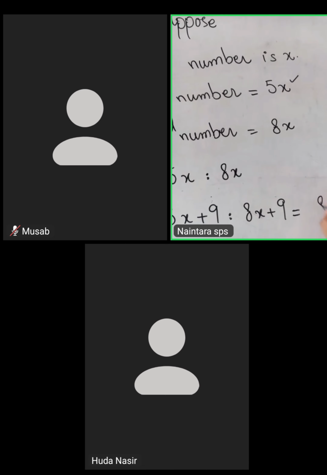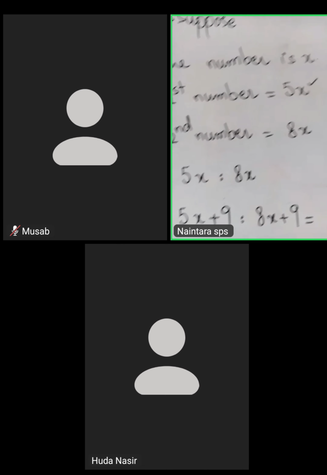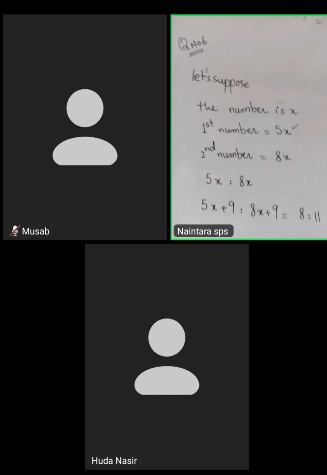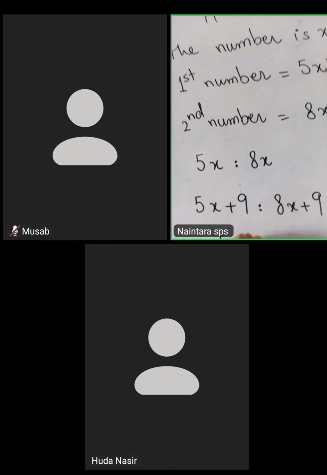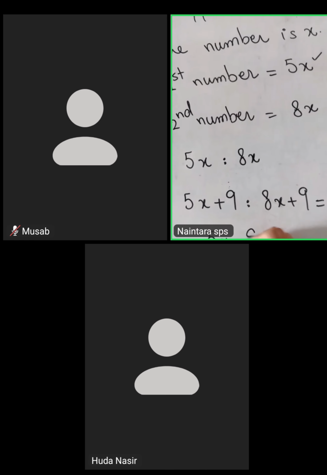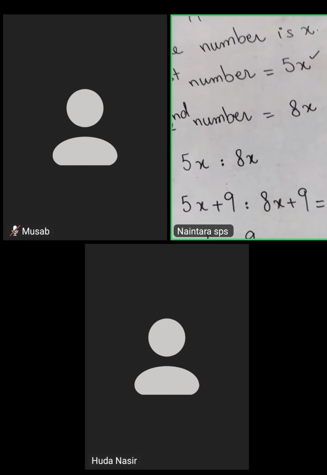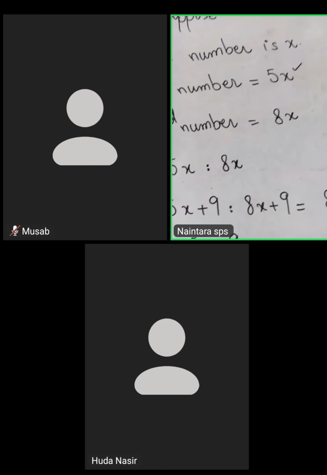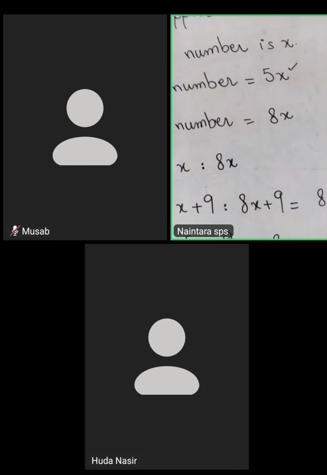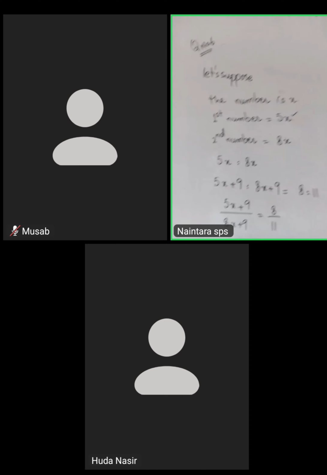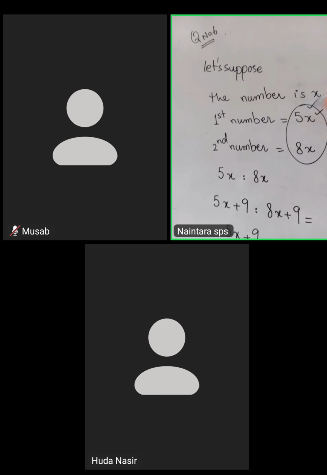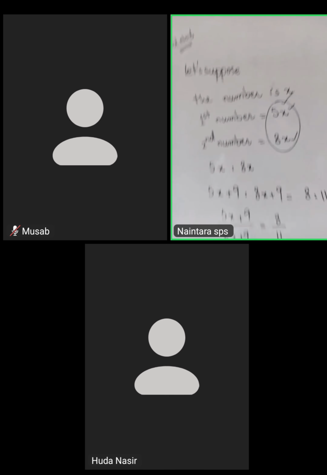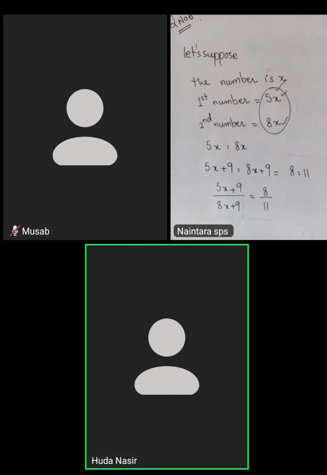It is equal to the next ratio, that is 8:11. 5x plus 9 ratio 8x plus 9 is equal to 8:11. Now write them in fraction form. 5x plus 9 by 8x plus 9 is 8/11. Simplify from here, you will get the value of x, then find out both of the numbers, 5x and 8x. Can you solve it now? Yes, ma'am. Okay.